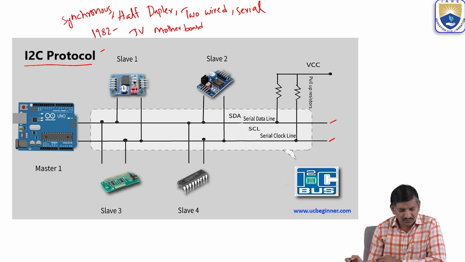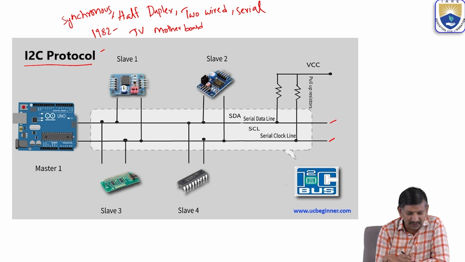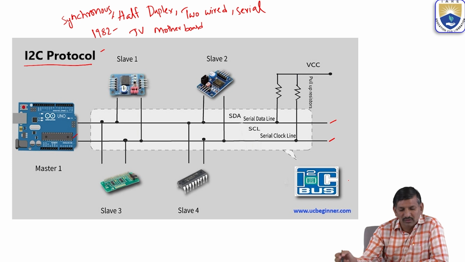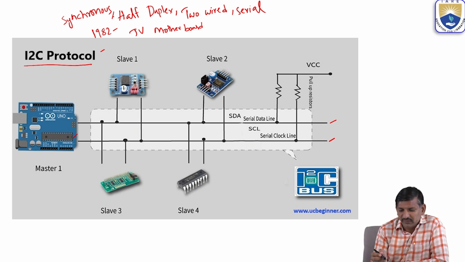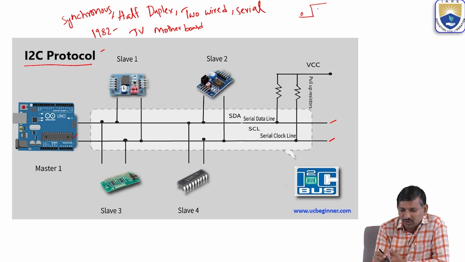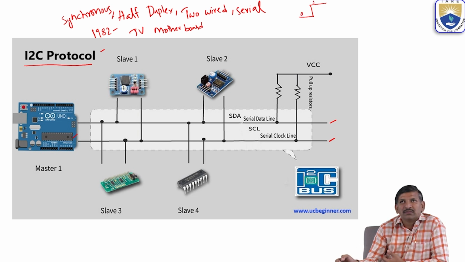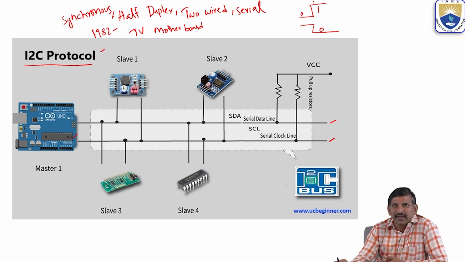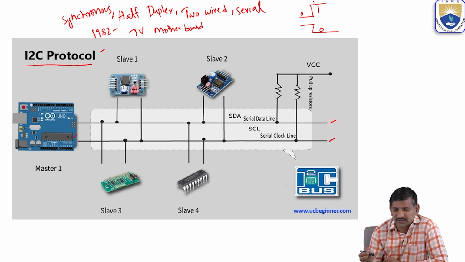Here I am taking the processing element and different types of slave devices. Whenever serial clock is high and serial data goes low, that indicates the frame has started, the start of the communication.